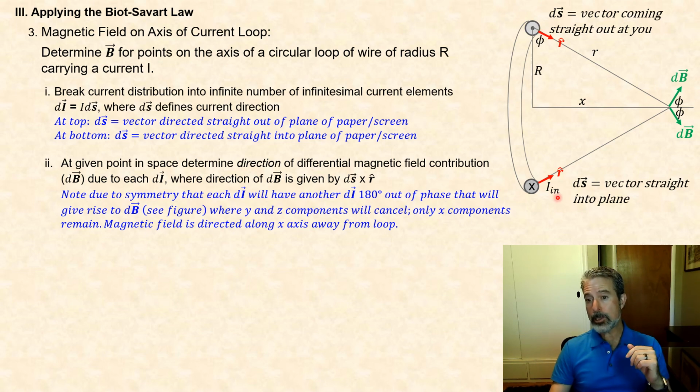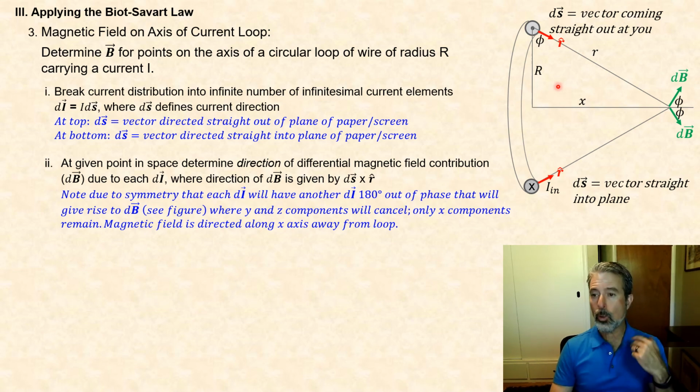So for example, these two di's I'm showing you here, you will notice that the y component of the dBs will cancel out, and for these particular choices there is no z component.